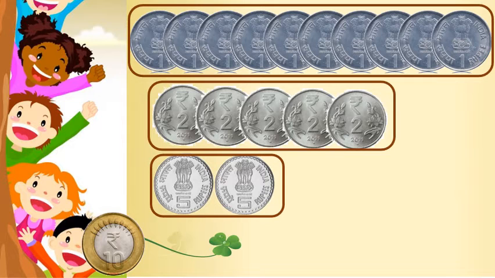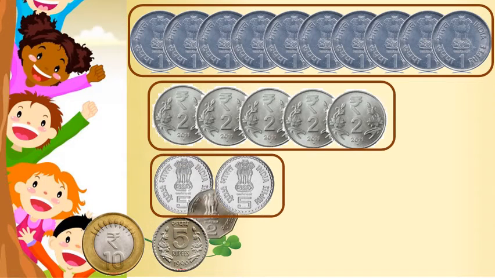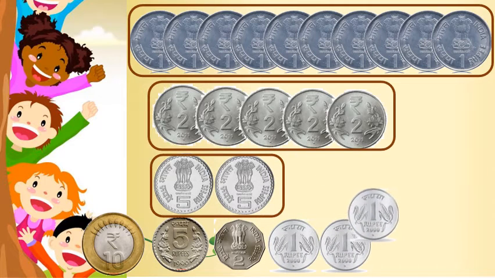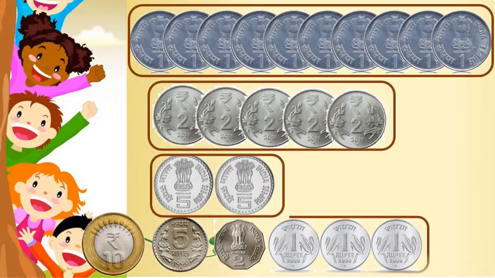And now Meet. He has all different coins like 5 rupees, 2 rupees, 1 rupees. Okay, Meet, please give me the change for 10 rupees coin. We will see. He gave me 1 5 rupee coin, 2 rupee coin, 1 rupee coin, 1 rupee coin, one more 1 rupee coin.